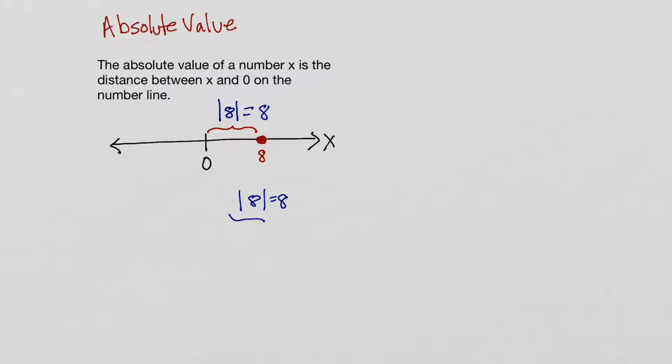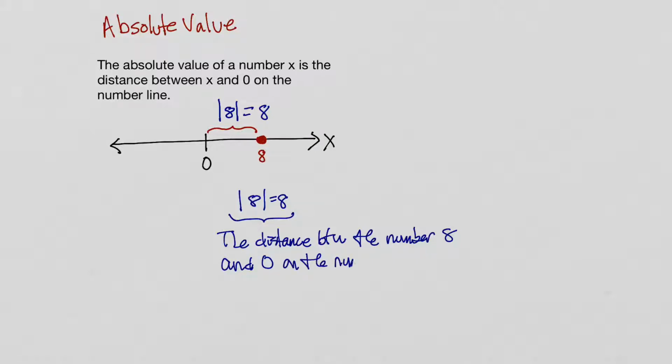This says that the distance between, I'm going to use BTW, between the number 8 and 0 on the number line.